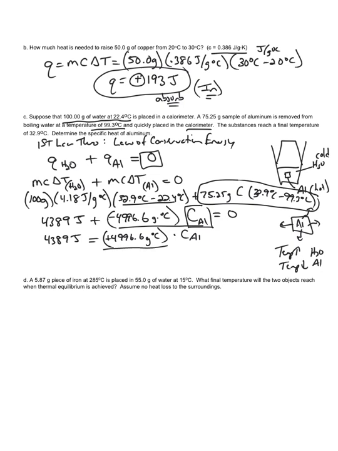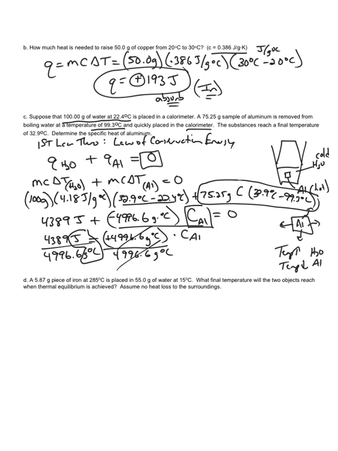Solving for X, or the specific heat of aluminum, we'll divide by 4,996.6. And again, I'm using my units here. You'll notice that when I'm done, my units on the specific heat will be joules divided by grams degrees Celsius, which is what we typically see for the units of specific heat. Again, it can be either Celsius or Kelvin.